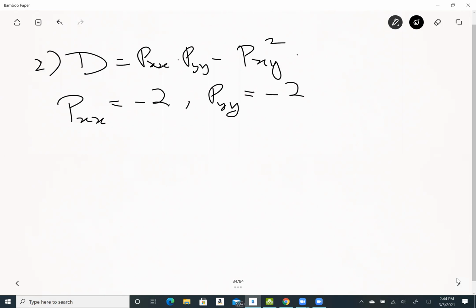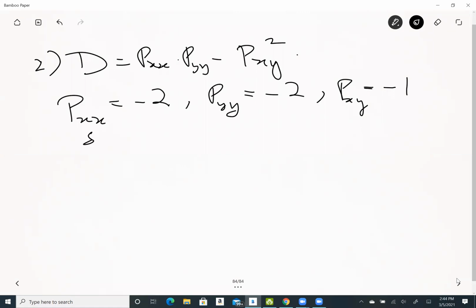And then Pxy, we get -1. Is that right? Everybody got that? Or anybody has a different partial derivative? Same, sir. Okay, good. I just want to make sure, because my page was lost.